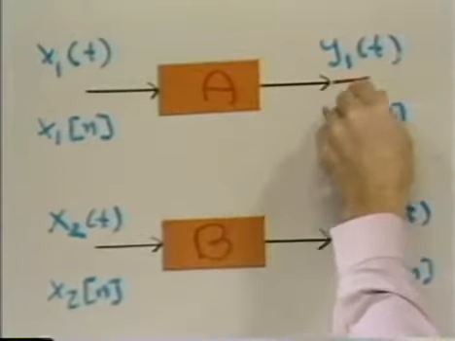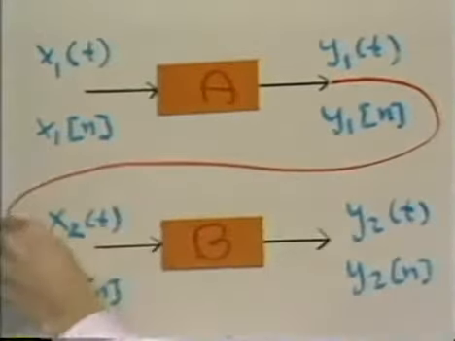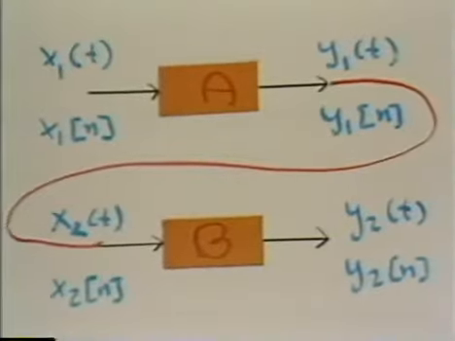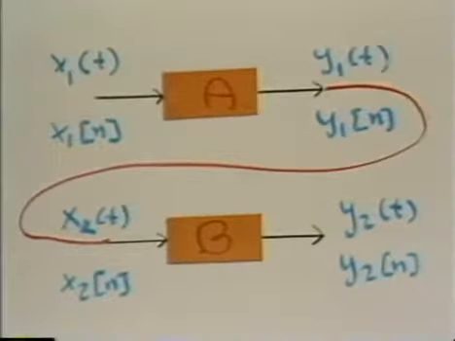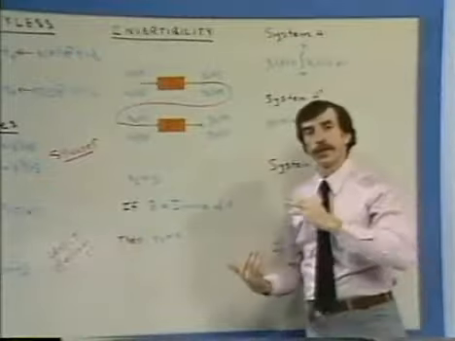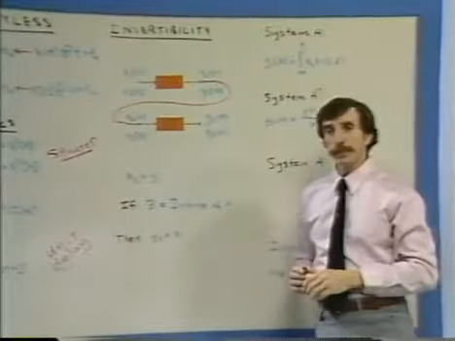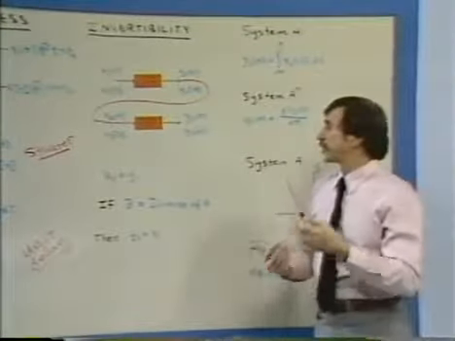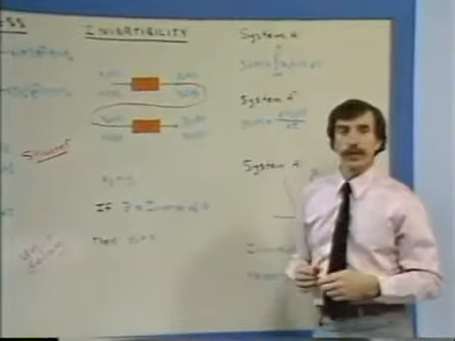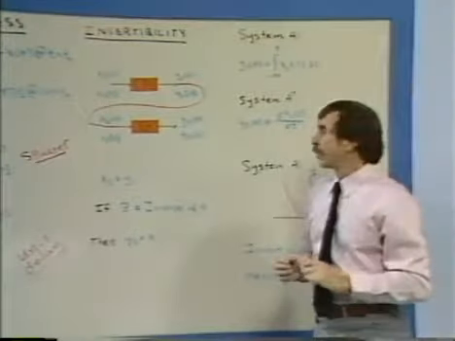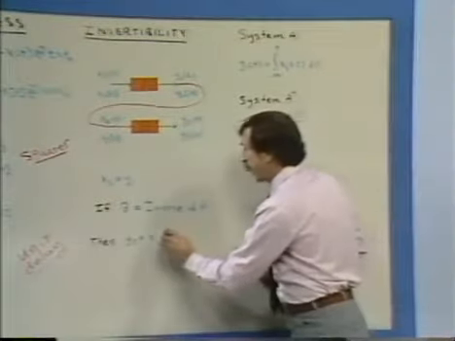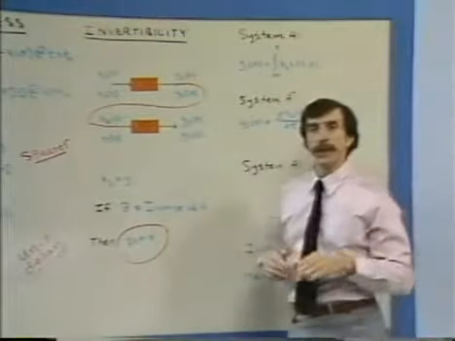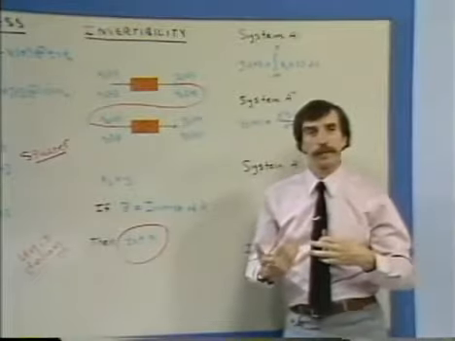So we'll take the output of System A and feed it into the input of System B. And if System A is invertible and System B is its inverse, then the consequence is that the output of System B is equal to the input of System A.